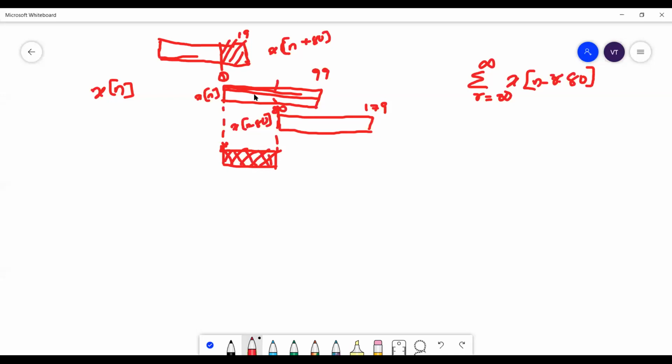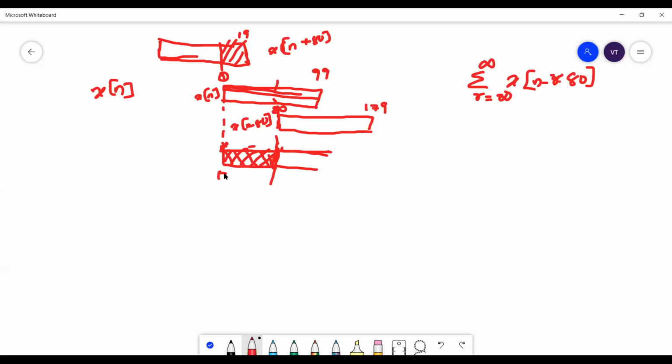Okay. So again, this part is overlapping. So this is now continuing here, up to here. So again here it will overlap. So this will have a length of 80.